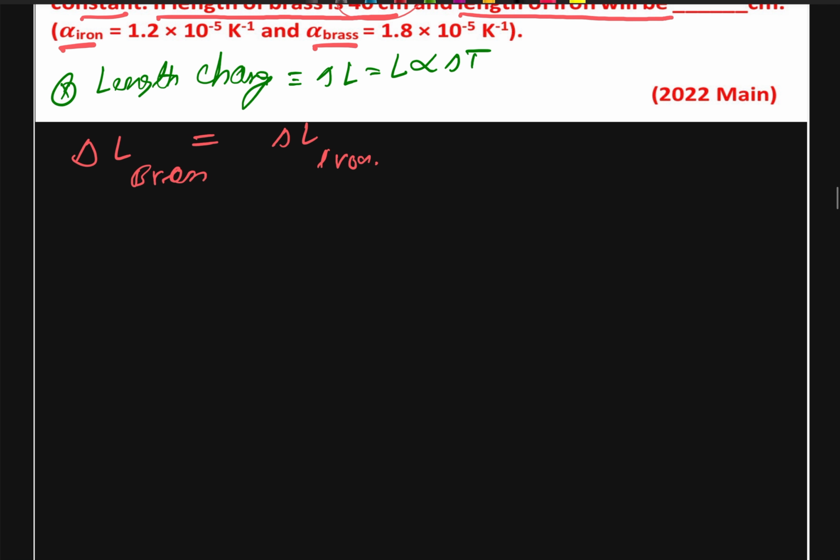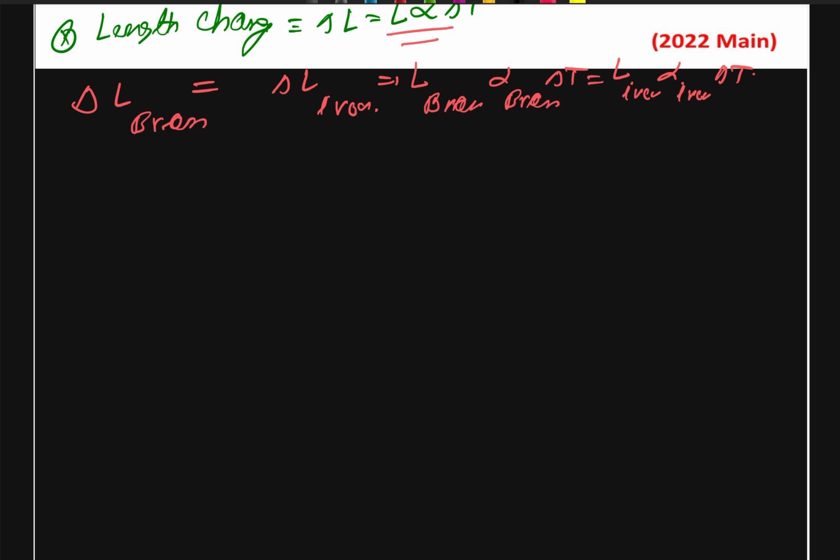So we can write it in terms of this given formula. On the left side we get length of brass, coefficient for brass, and delta T, is equal to, and on the right side we have length of iron, coefficient of iron, multiplied by delta T. And this delta T cancels out.